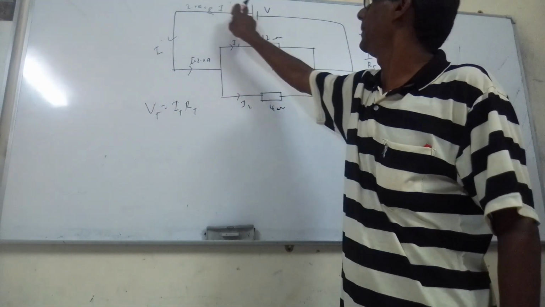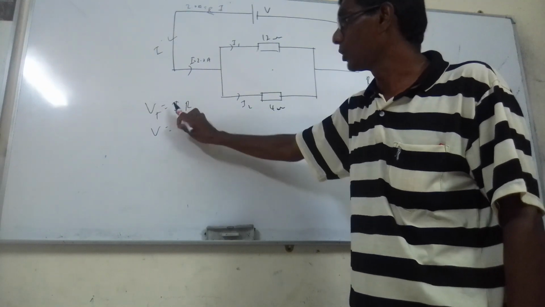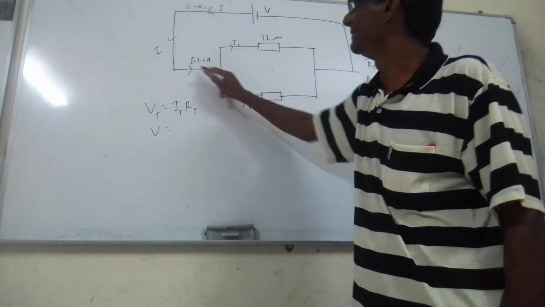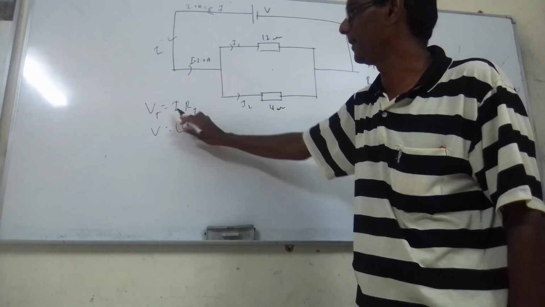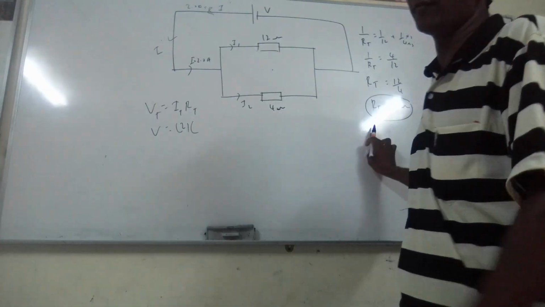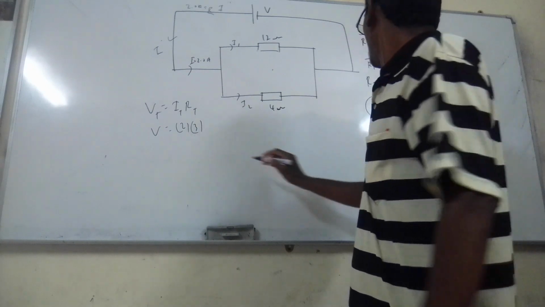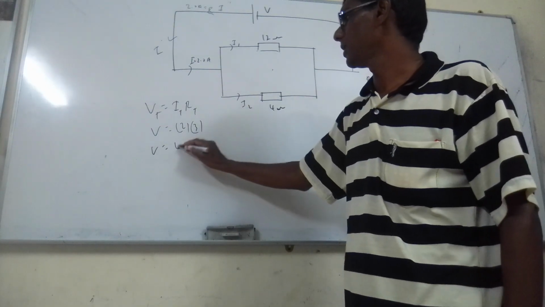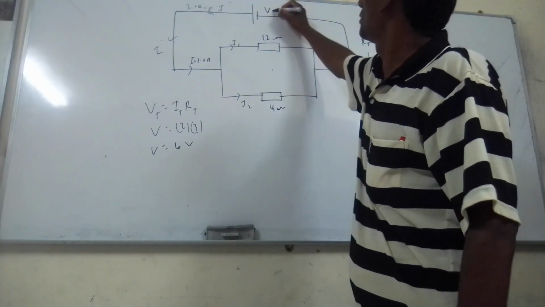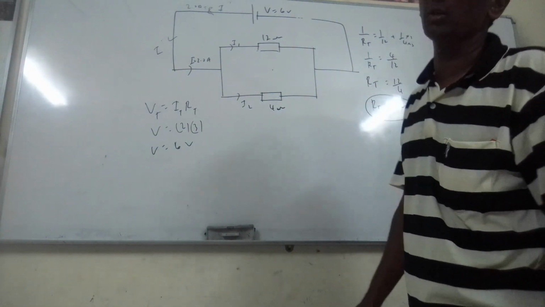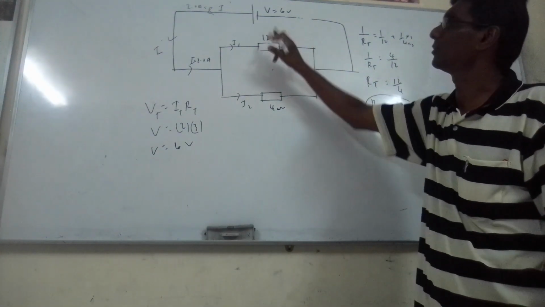Total current is 2 ampere, total resistance is 3 ohm found from the parallel resistance. So V equals 6 volt.